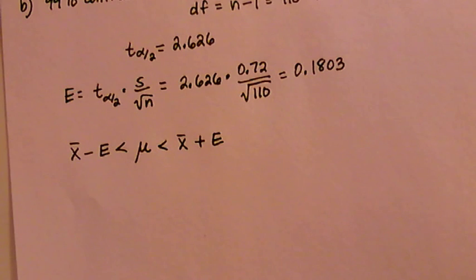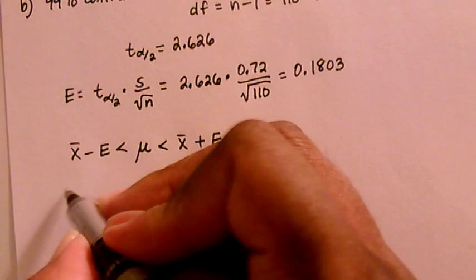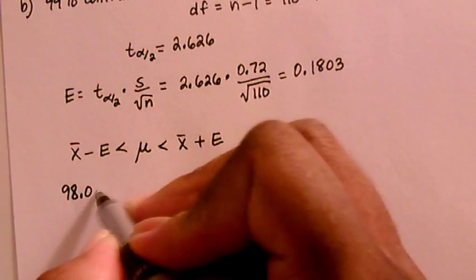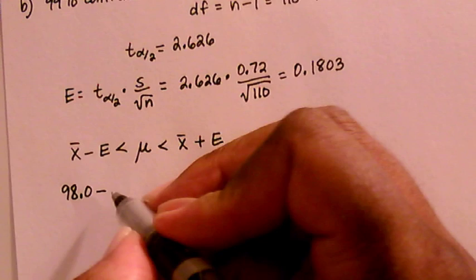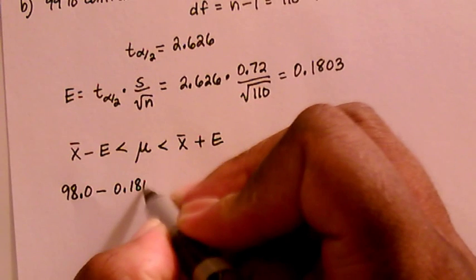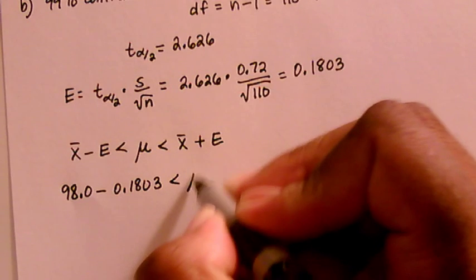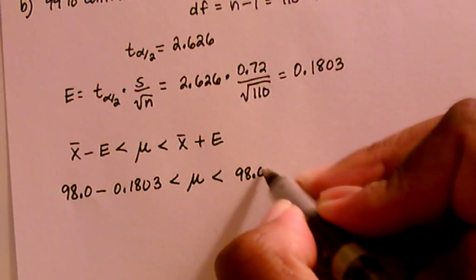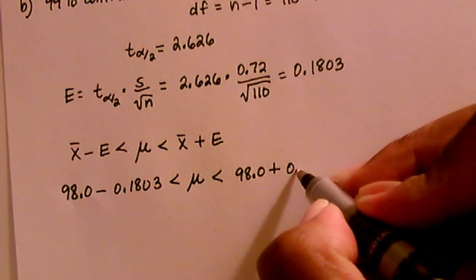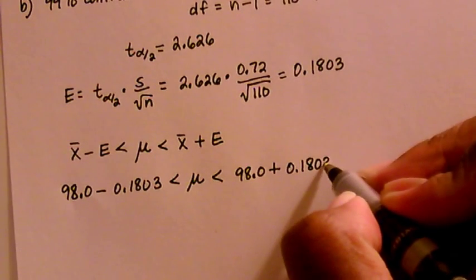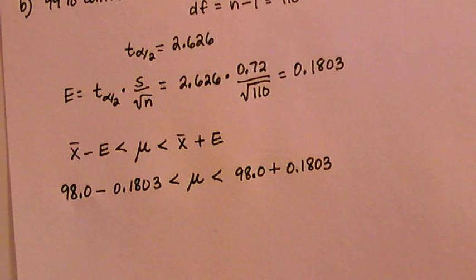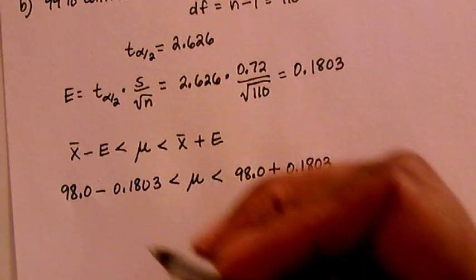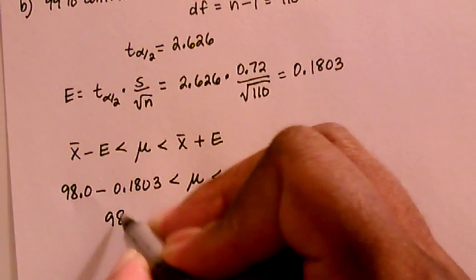In this case, your x bar was 98.0 minus e, which is 0.1803, and that's less than mu, and less than x bar is still 98.0. This time it's going to be plus 0.1803. So now 98.0 minus 0.1803 will be 98.